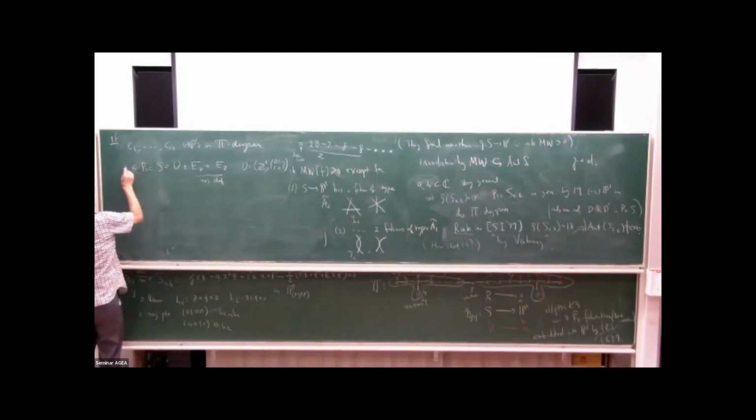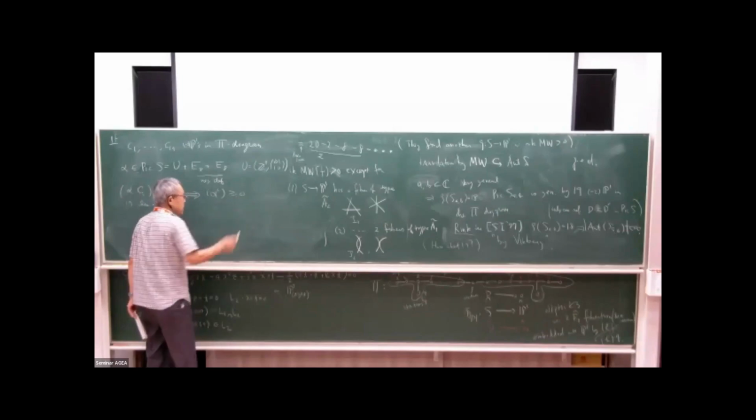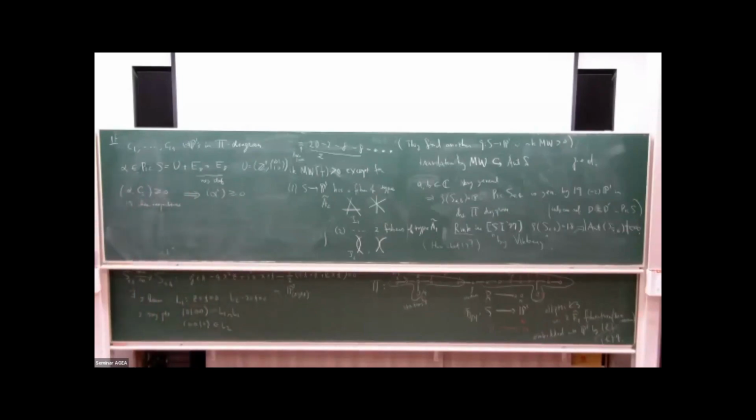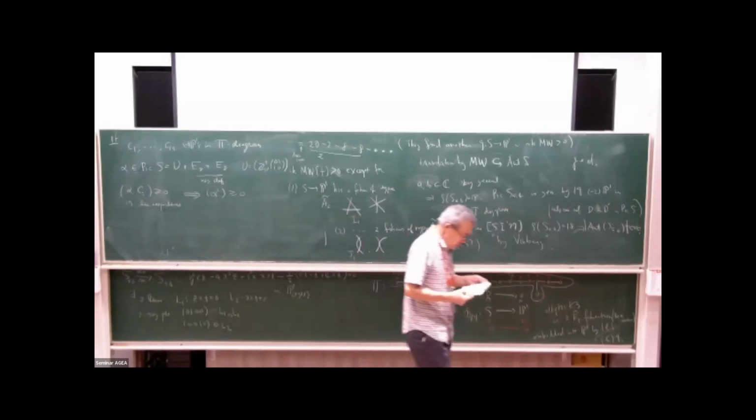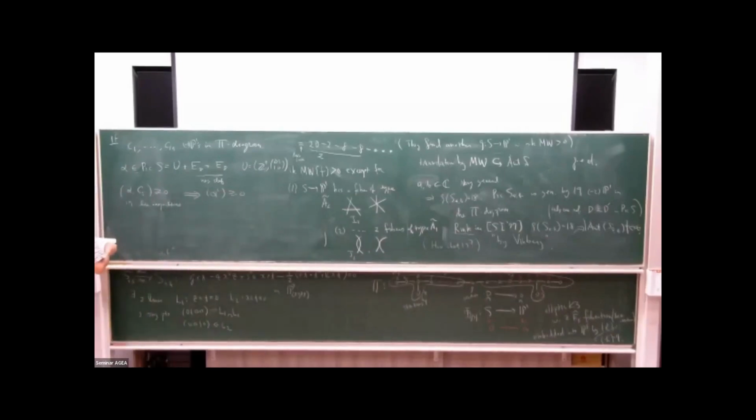And consider an element alpha. Then if alpha satisfies the 19 linear inequalities, then alpha squared is non-negative. This is the crucial computation, and this is also easy by Vinberg's criterion, something like that. And this implies the following thing.